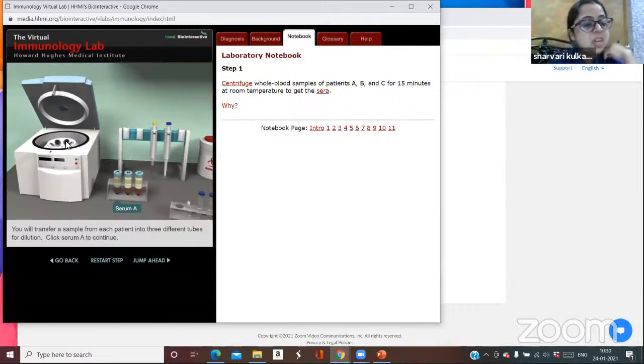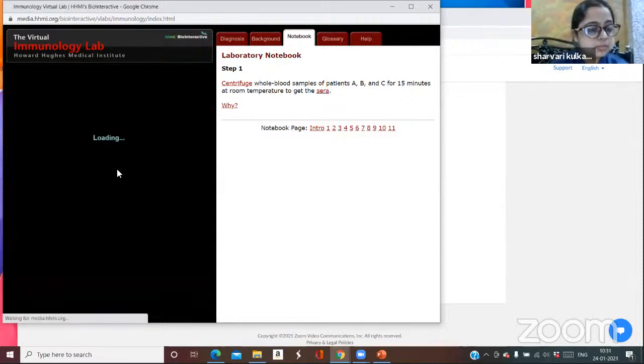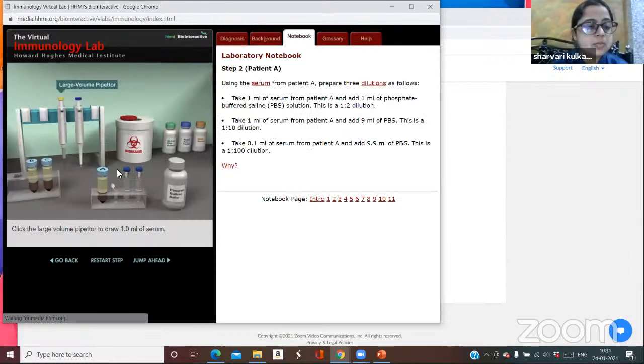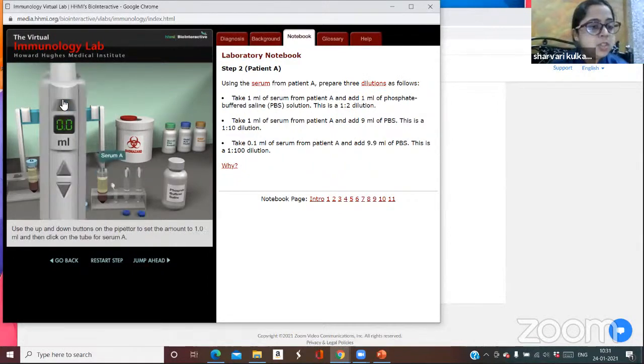Now we'll transfer a sample from each patient into 3 different tubes, okay? And we will prepare dilutions. So first, we will click on serum A. Fine. So how to prepare dilutions? We'll click on the large volume pipetter to draw 1 ml of serum. Clicked.